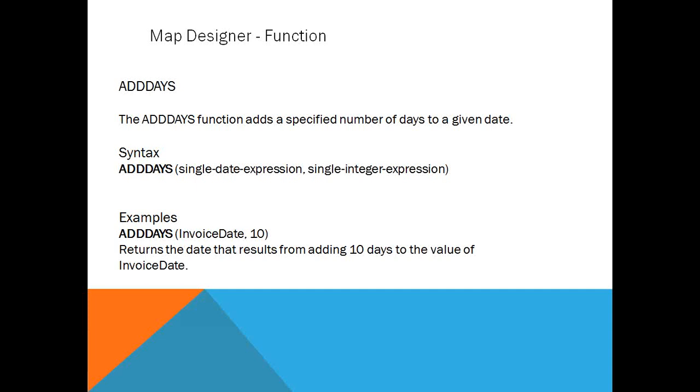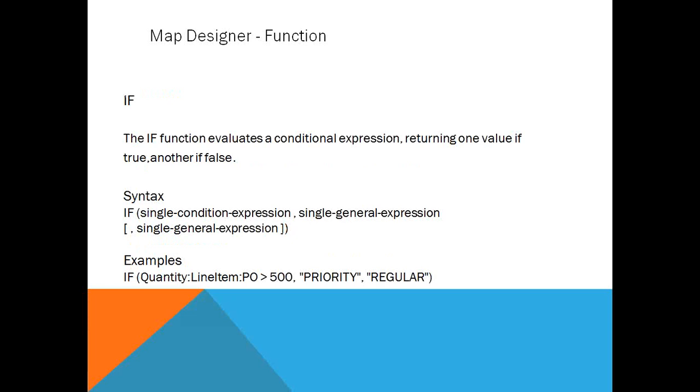Then the if function, it is conditional. The if function evaluates the conditional expression, returns one value if true, otherwise returns another value if it is false. It's like a normal C expression. The condition expression is evaluated. If that is true, it will return the second argument.